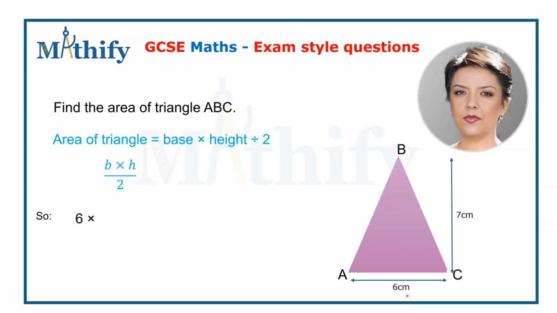And our height is equal to 7 centimeters. So we will plug this into our formula. 6 multiplied by 7 divided by 2. 6 times 7 is 42. 42 divided by 2 is equal to 21 centimeters squared. Therefore, our area of triangle ABC is equal to 21 centimeters squared.